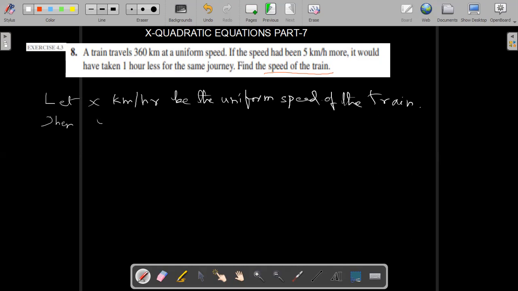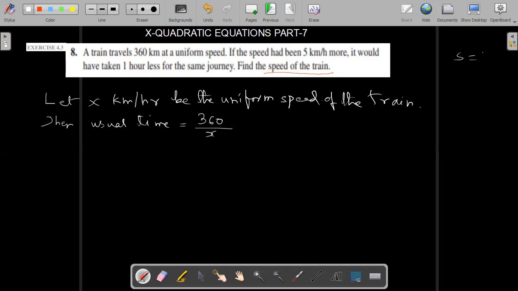Then the usual time is the time in which the train should reach. So usual time will be equal to 360 kilometers distance upon speed.